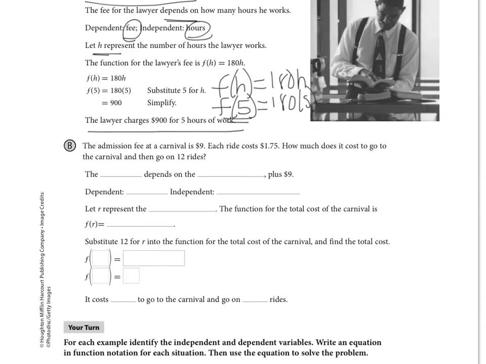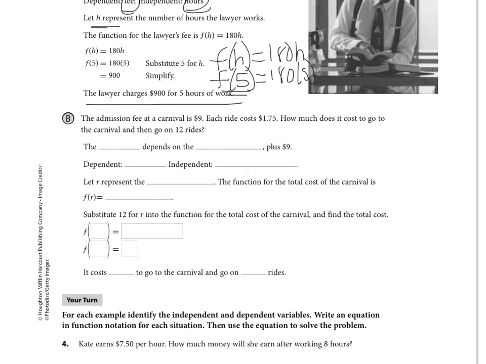All right, let's go down to part B here. The admission fee at a carnival is $9. Each ride costs $1.75. How much does it cost to go to the carnival, then go on 12 rides? So just to get to the carnival, you have to pay $9, and then it's $1.75 for each ride. So the total cost to go to the carnival depends on the number of rides.